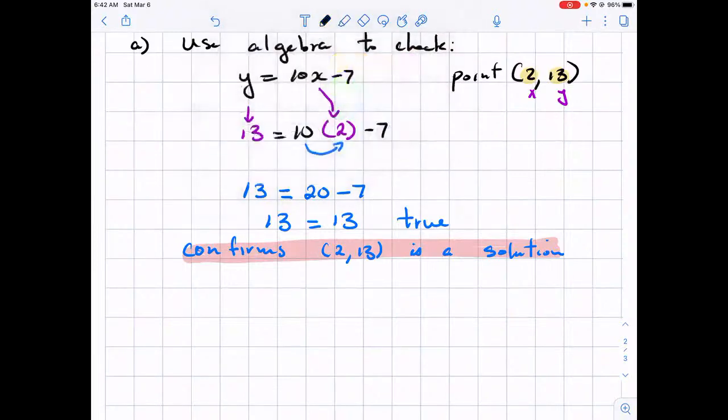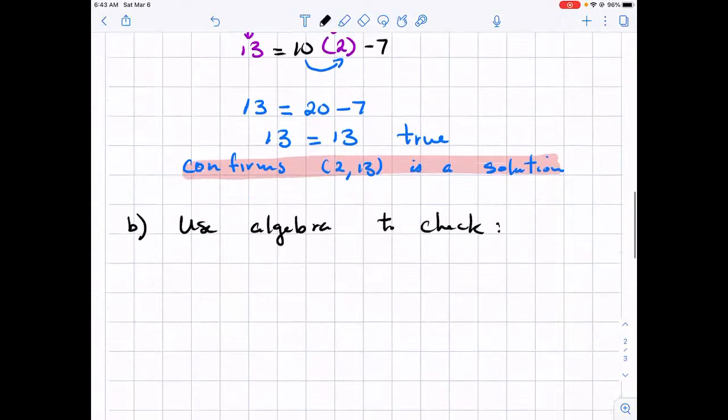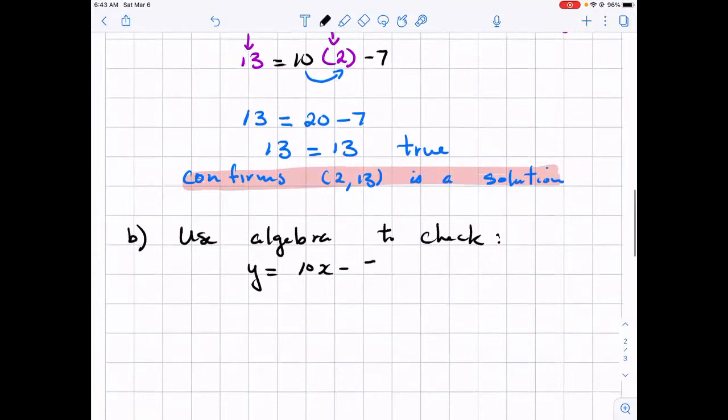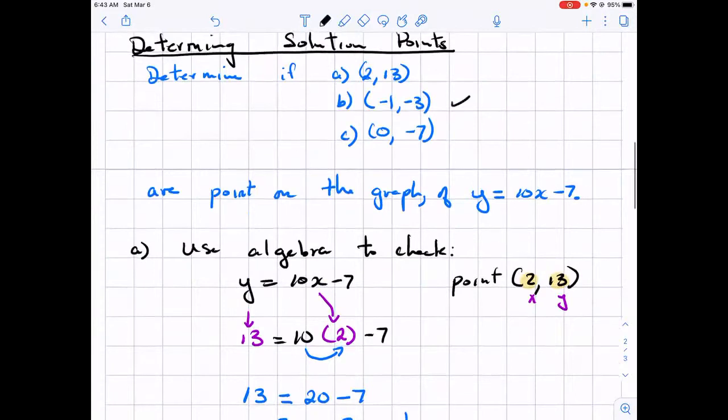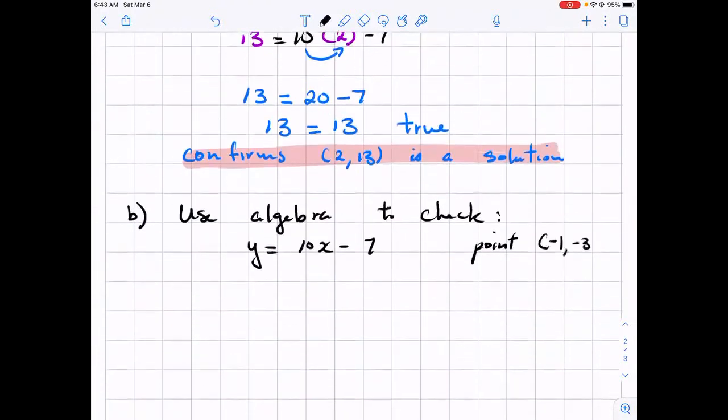So let's do the same thing now for part B. We're going to use algebra to check. We have y is equal to 10x minus 7. The point we are checking here in part B is (-1, -3). And remember that this is x and that's y.